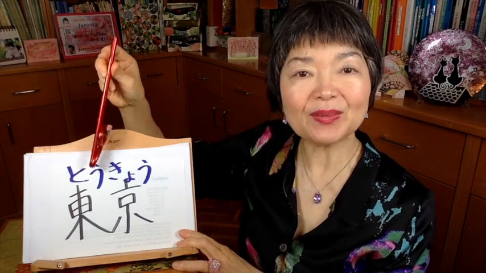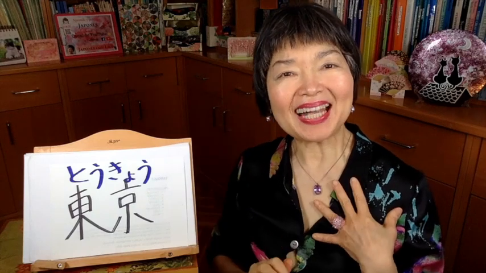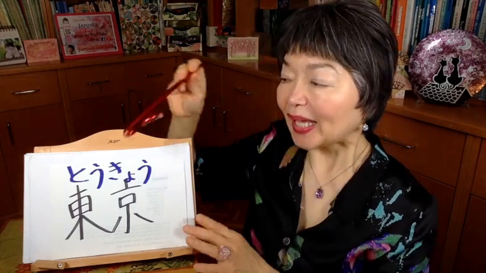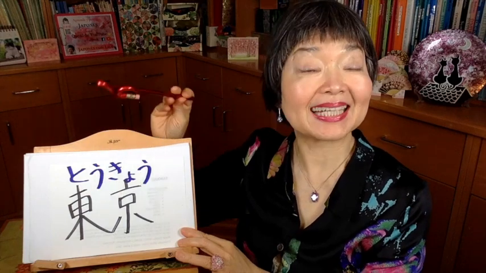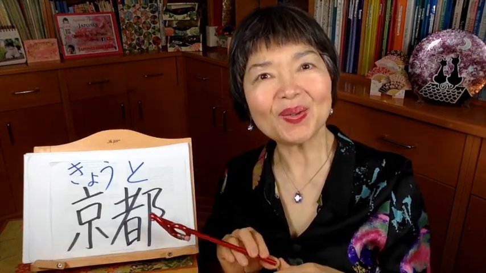Tokyo, the capital in Japan. To, the long sound, and kyo, also long sound with u. 私は東京から来ました。I'm from Tokyo. And to, this is also 東, this means the east. Kyo, this is like a capital, so eastern capital. Tokyo. Kyoto.